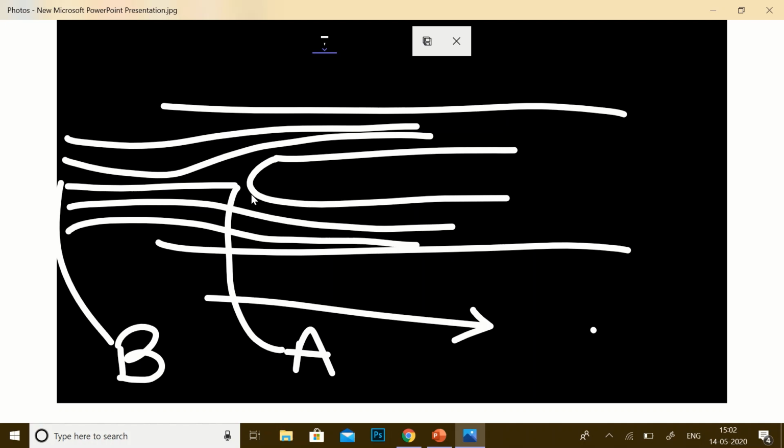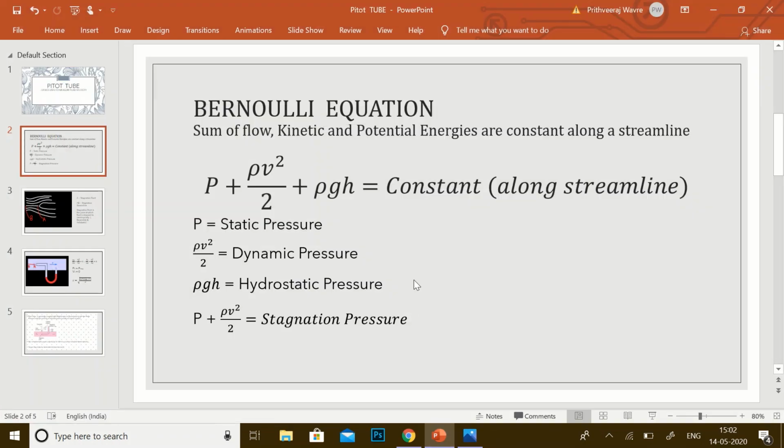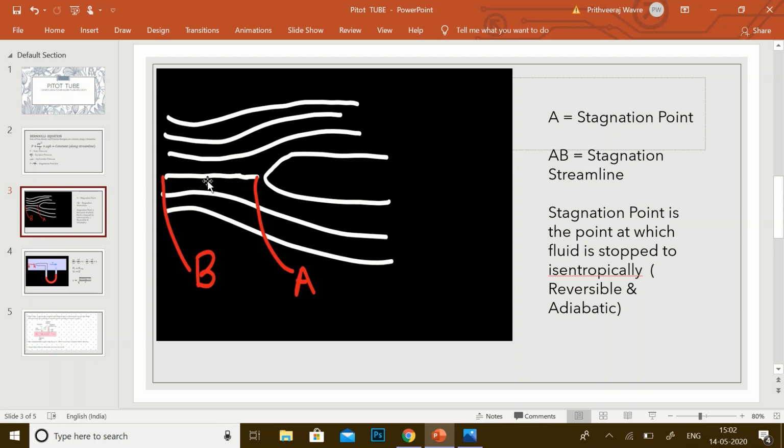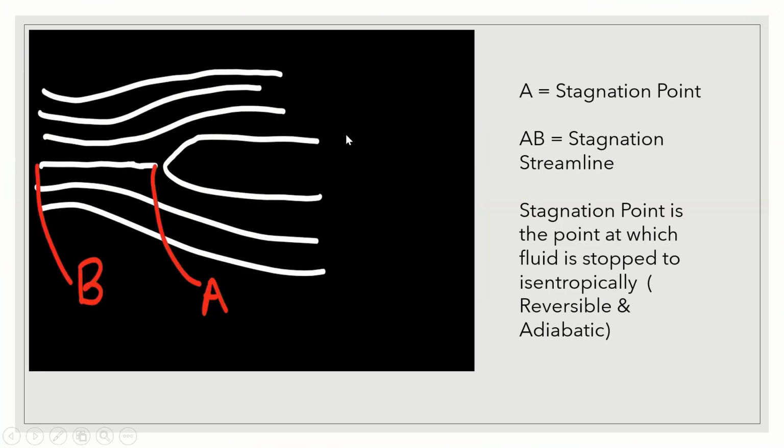So this is an ideal concept, but to understand that, this particular straight line which divides the fluid in two parts, that is the upper region and the below region, is called the stagnation streamline, and this particular point A is called the stagnation point.